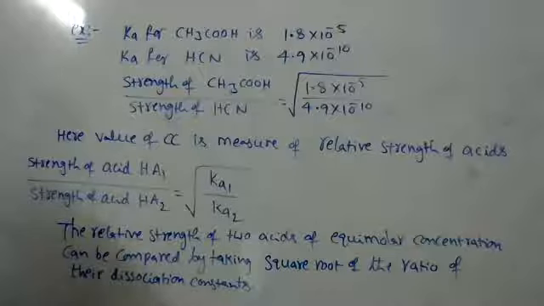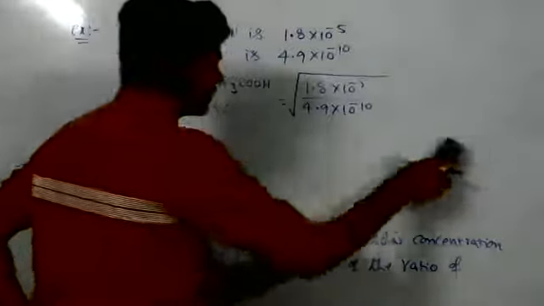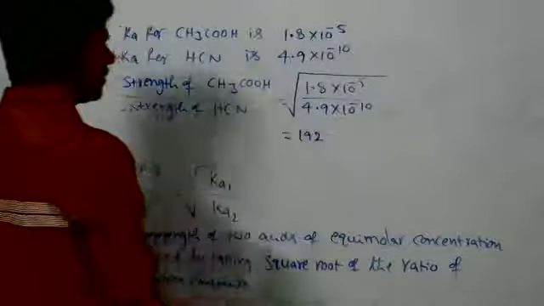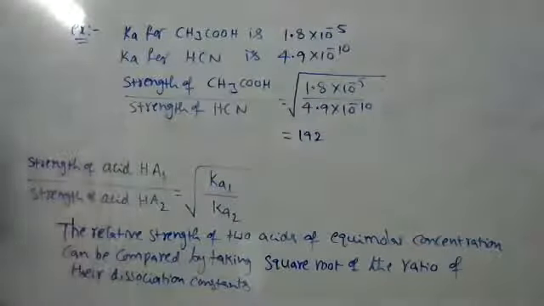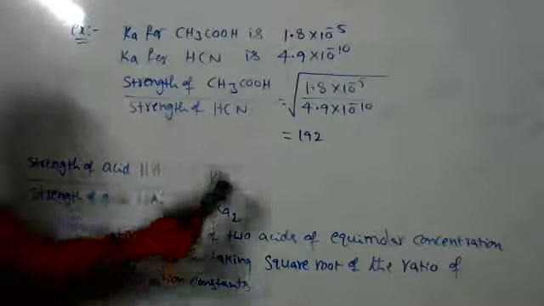That value gives 192. So now we can say CH3COOH is 192 times stronger than HCN.